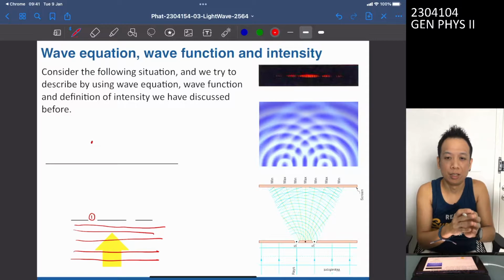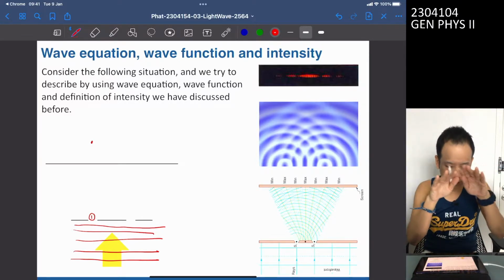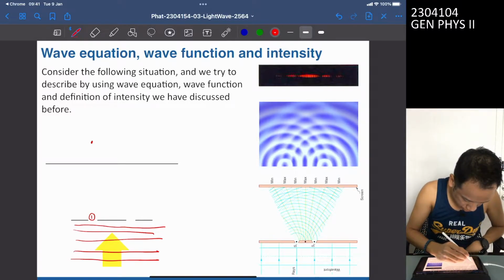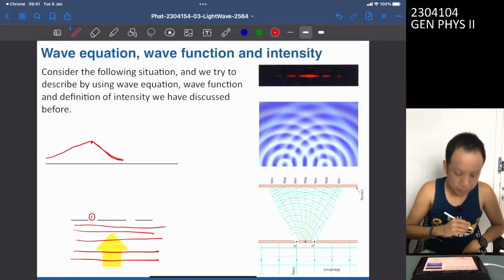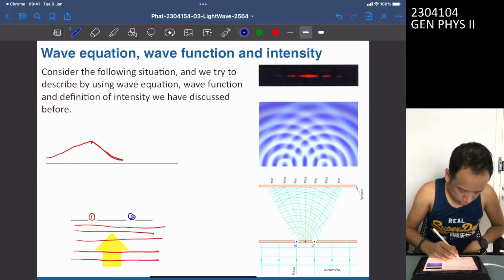I'm just saying that the intensity you see is large in the middle, maybe like this. And then from the second source, it's going to be the same, like this.